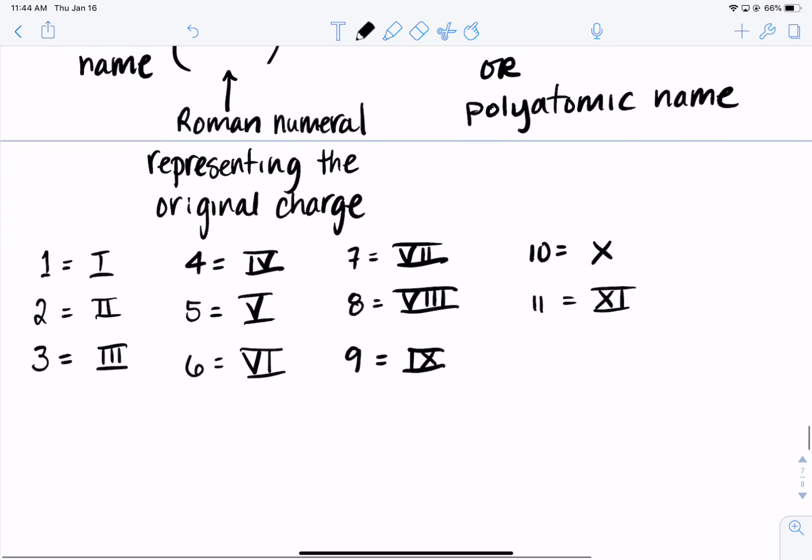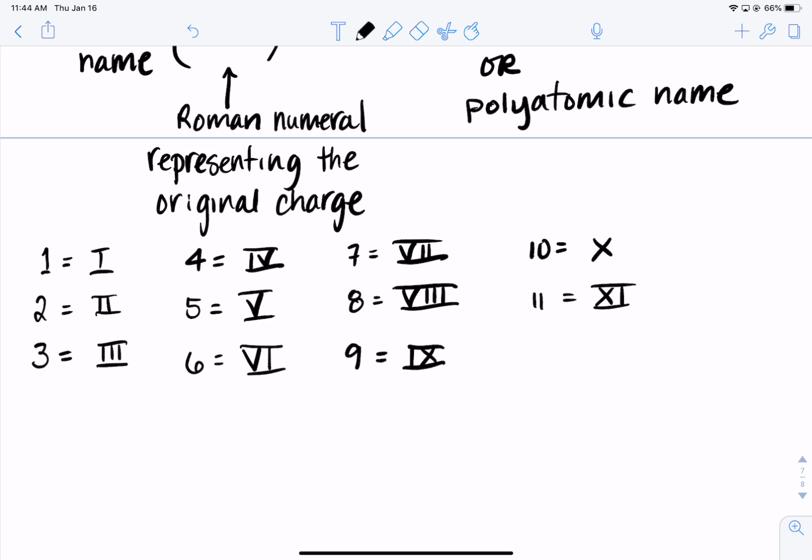Now, what's 20? If 10 is X, yep, 20 is XX. Guess what 30 is? XXX. Okay, but what is 40? Because 4 does 1 before 5, so we need to know what 50 is. 50 is L. So it'd be XL for 40. And what would 60 be?